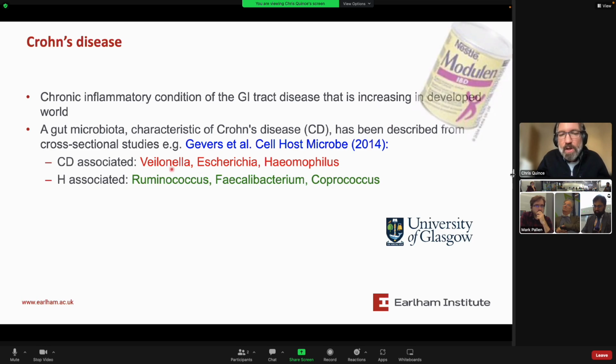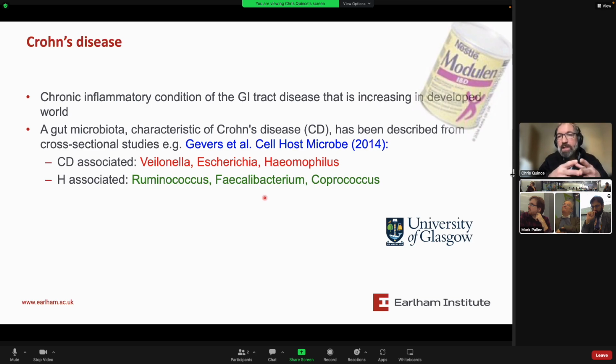If you do a lot of microbiome research, these are definitely nasty organisms, often associated with dysbiosis. And these generally look like good organisms. Faecalibacterium prausnitzii is a classic example of a butyrate producer that's meant to be good for you.